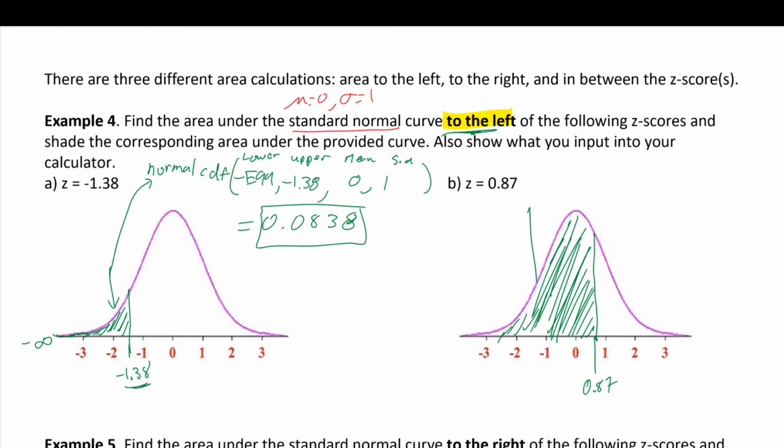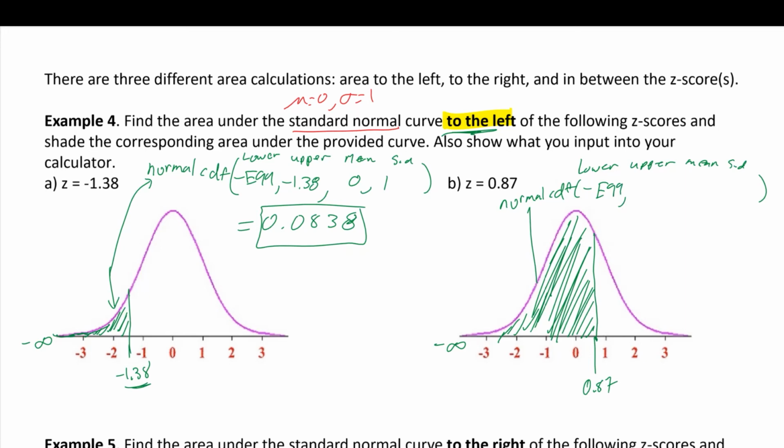Again, this area is going to be normal CDF. We have lower, upper, mean, standard deviation. The lower, again, is all the way to negative infinity: negative E99.